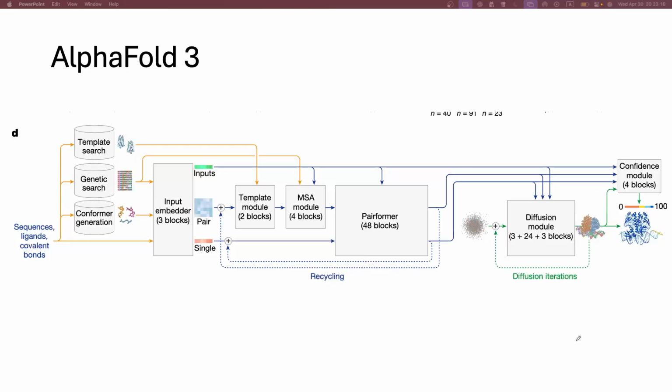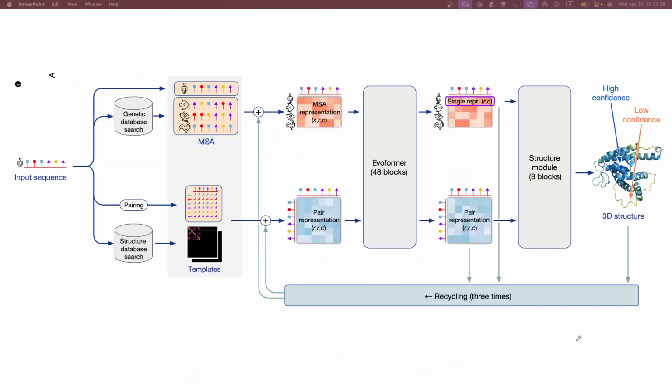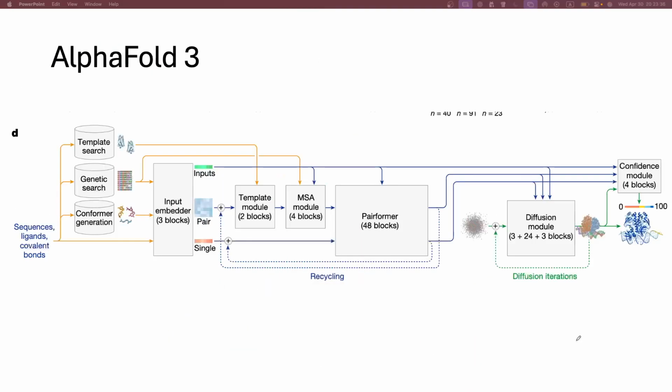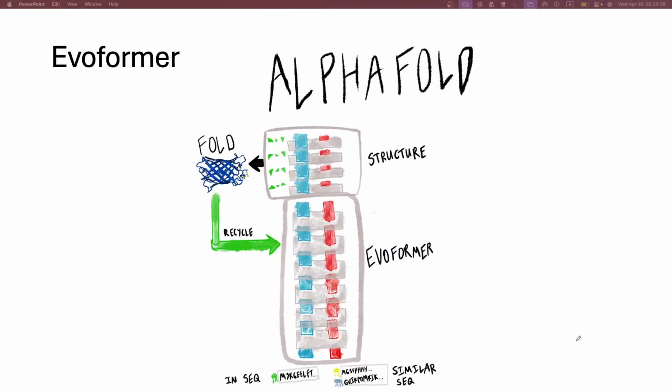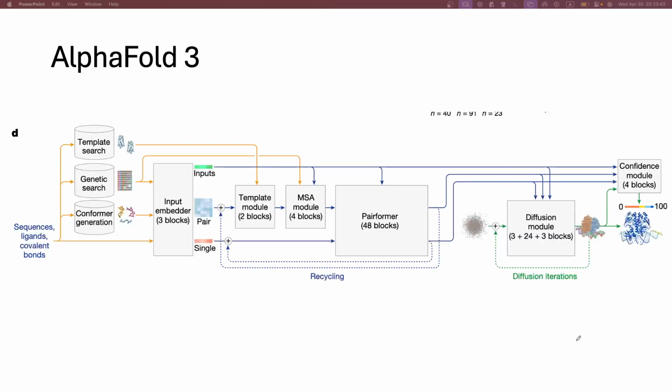And then we have, instead of the structure we had earlier, this is still very similar to AlphaFold 2. But instead of doing the structure module that just folds it, which I need to figure out what the structure module is, that's the part I haven't gotten into, we use a diffusion module.